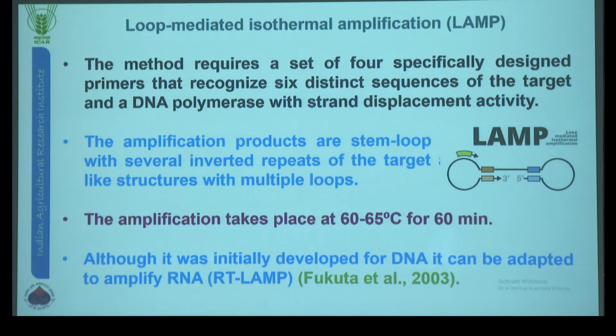RNA, then cDNA, can be used as the material for the LAMP reaction also. That is called RT-PCR. See, those 2 terms are there: one is RT-PCR, one is real time PCR. Real time, so you know what RT-PCR is? Do not confuse them. In the same way, you can say RT-LAMP here.